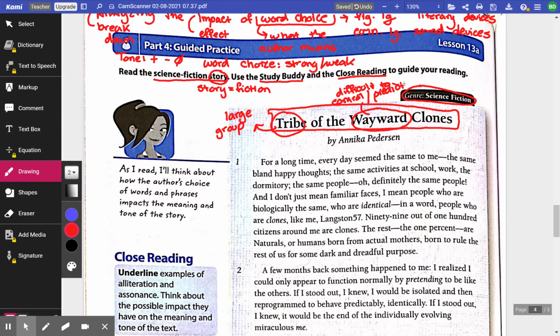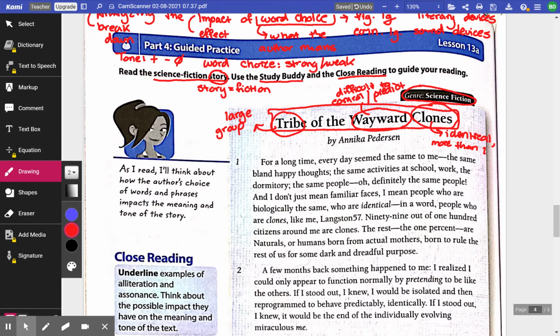And then my last word is clones. And we know if something is a clone, it's identical, usually, to something else. And usually there's more than one. So we know it's clones, it's plural. So our title is Tribe of the Wayward Clones.